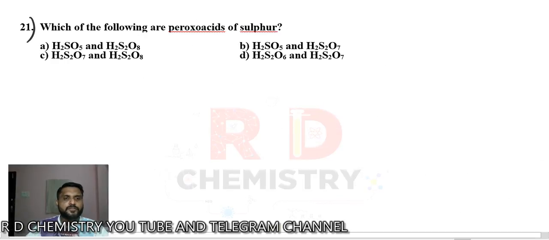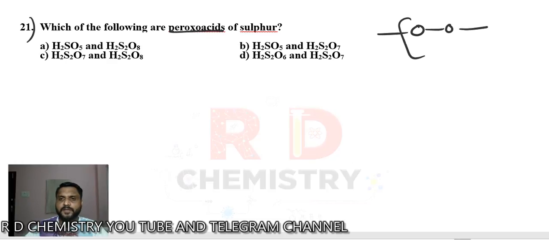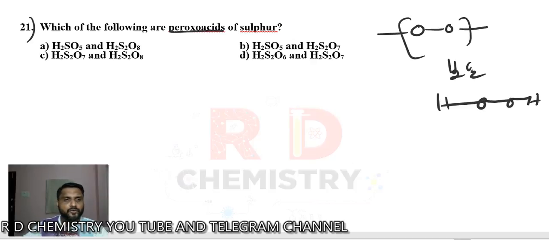Question number 21. Which of the following are peroxoacids of sulfur? Perox means oxygen, oxygen single bond, like they should be there. Like hydrogen peroxide, H2O2, we have got HOOH. So if I take the first option, it is H2SO5.